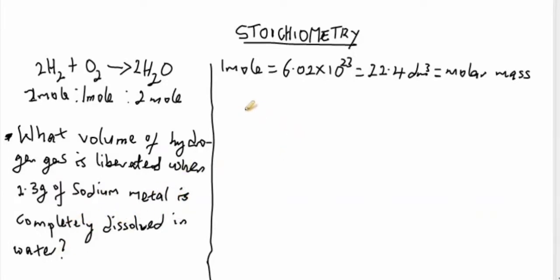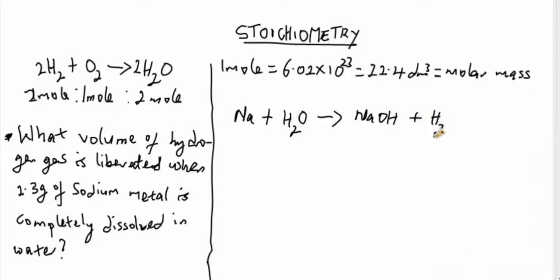The first thing we have to do is to simply write the balanced equation of reaction. Sodium metal dissolves in water. This will obviously produce the base sodium hydroxide, and at the same time hydrogen gas is liberated.